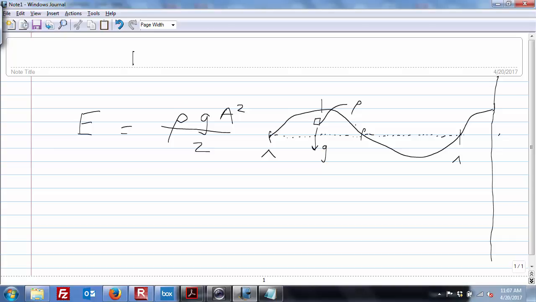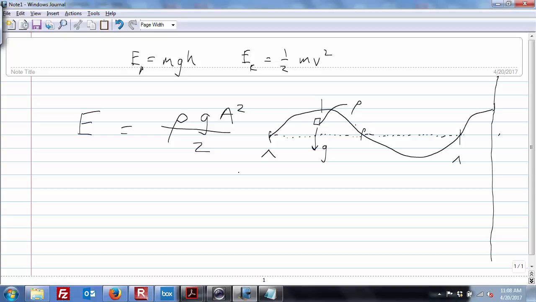One is E equals mgh, if you remember that from the first bit of 101, so this is going to be E sub P, the potential energy, and then E kinetic equals 1/2 mv squared.